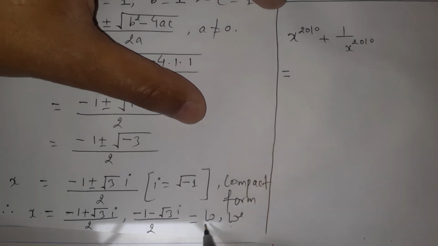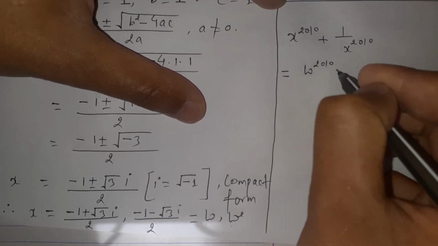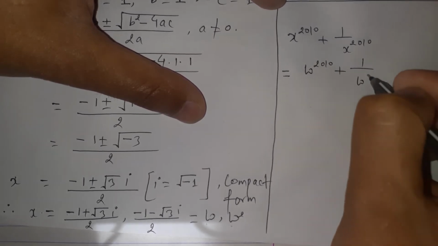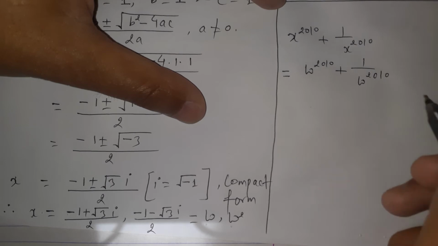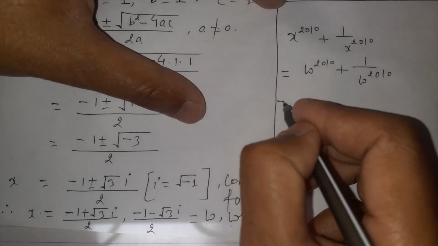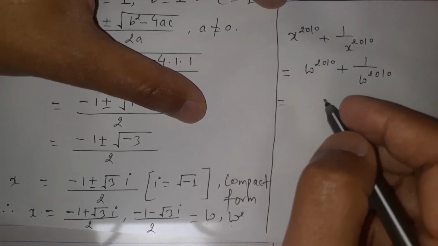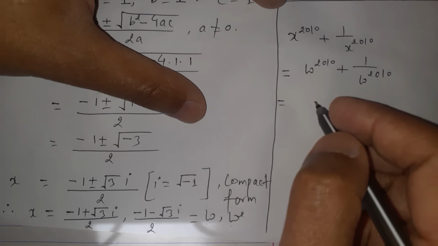Taking the first value of x, omega, we get omega raised to the power 2010 plus 1 over omega raised to the power 2010. We know some properties of the cube roots of unity.